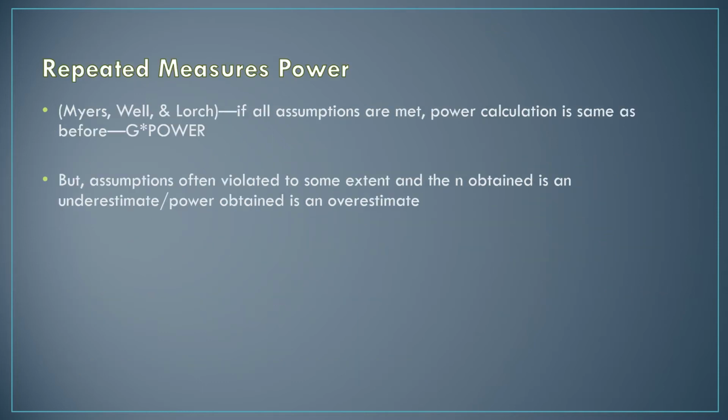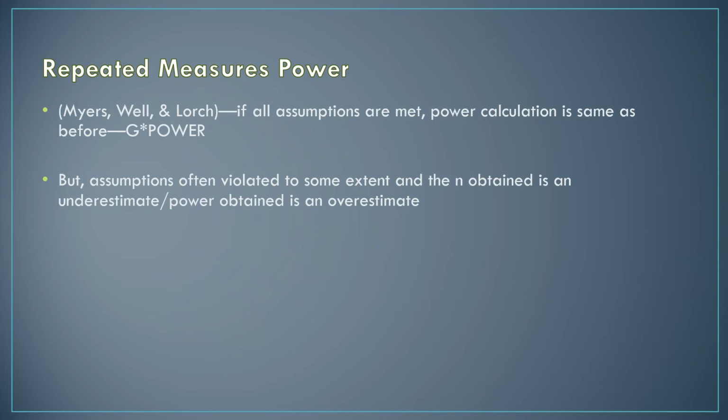So we first have to think about power for this type of design. So for within subjects or repeated measure designs, the power is still calculated similarly as between subjects designs, but all the assumptions must be met in order for this power calculation to be the same. And so if there are assumptions that are violated, then it's changing the contribution of the sample size to the calculation of the power.